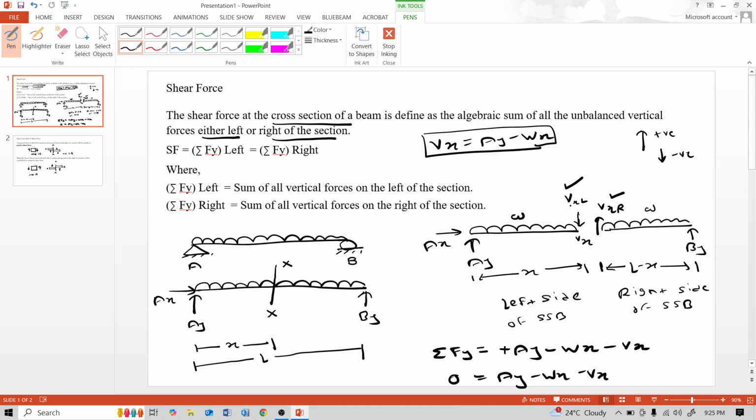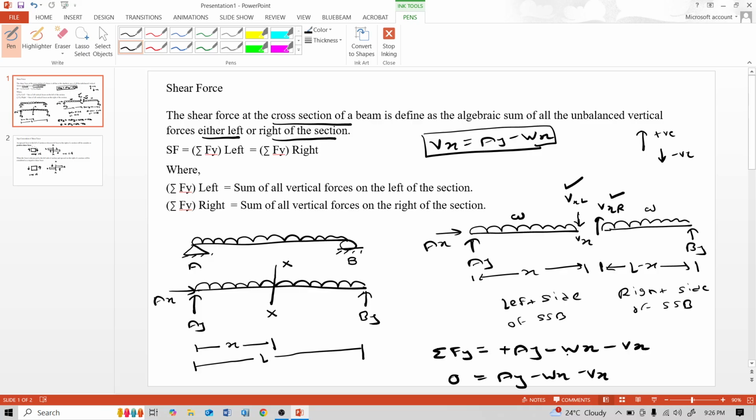That means this shear force Vxl at the cross section of a beam is the algebraic sum of the vertical forces on this left side of the beam. Summation of vertical forces, where upward force is positive and downward force is negative.